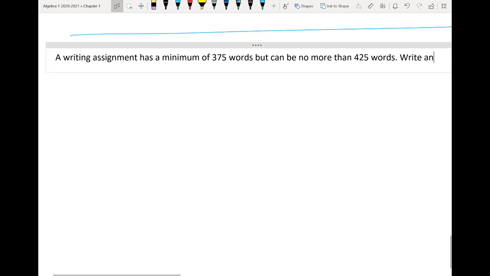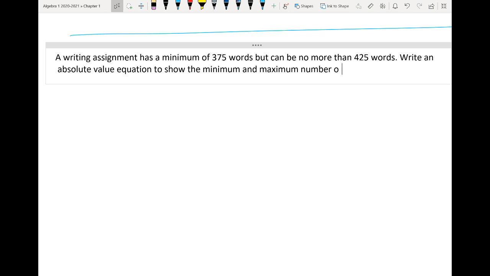And we're going to write an absolute value equation to show the minimum and maximum number of words.